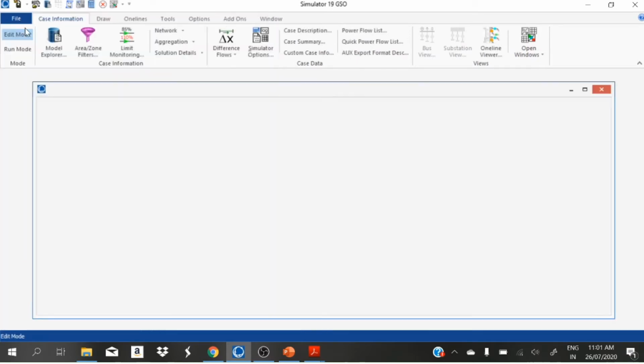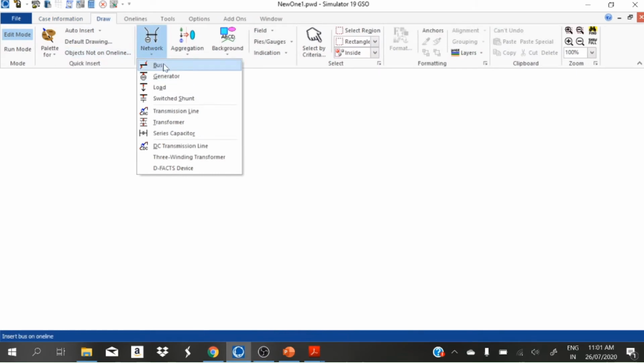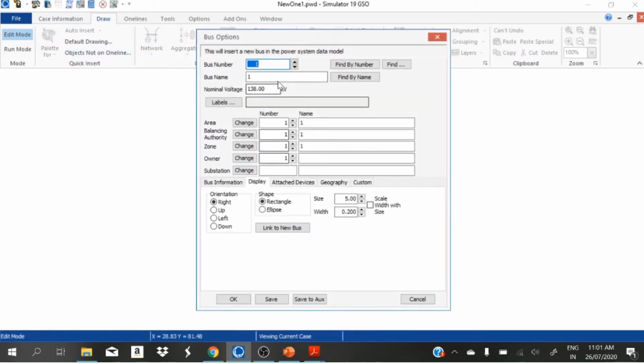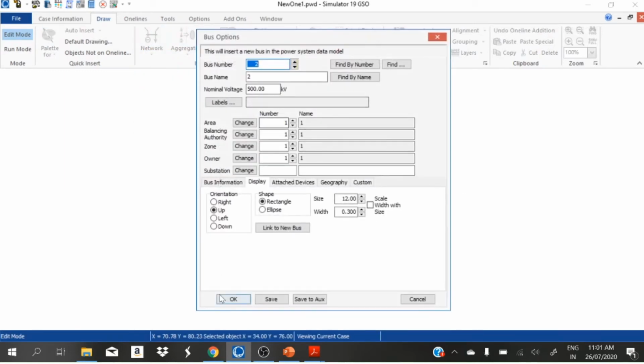Go to File, New Case, Draw Network, Bus. In our model we are using two buses. One is at the generator end, the other at the load end. Both are operating at the same rated voltage of 500 kilovolt.